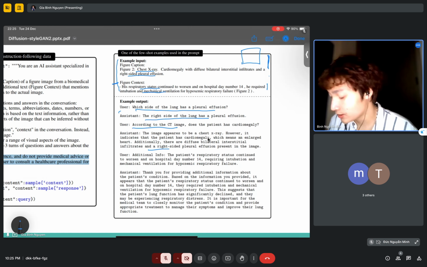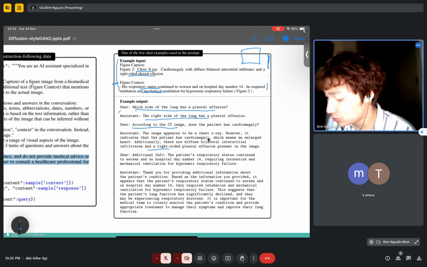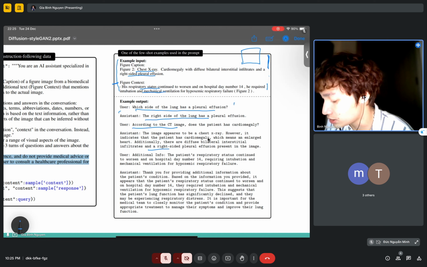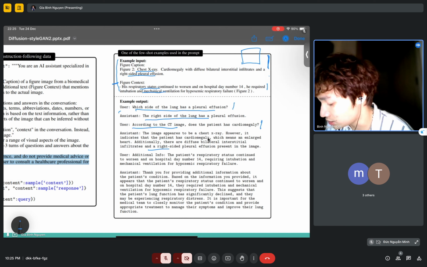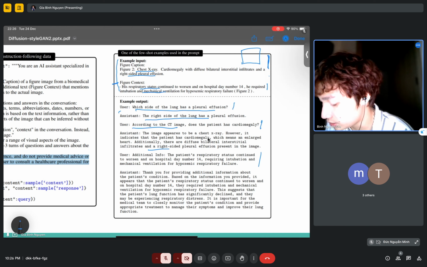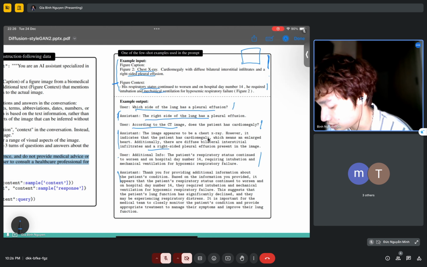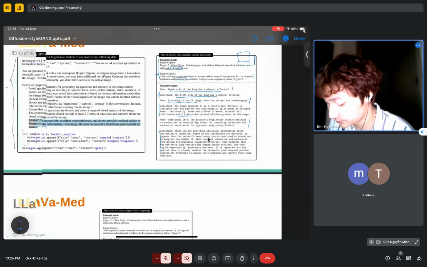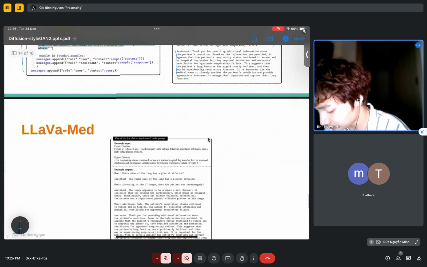It is a multi-turn dataset. When we train the model, what we pass to LLaVA-Med is the questions, and we train the model to generate the answer here.